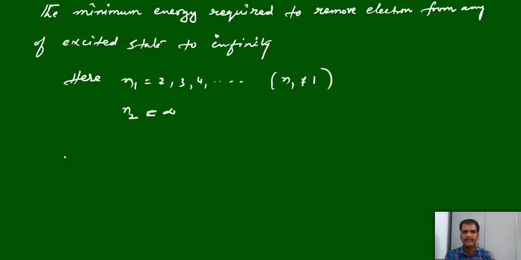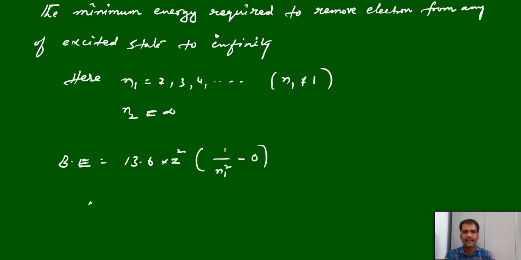Then binding energy, how to calculate the energy difference? That is 13.6 into Z square into 1 by N1 square minus 1 by N2 square. Here N1 is a variable, N2 is fixed. 1 by infinity is 0.